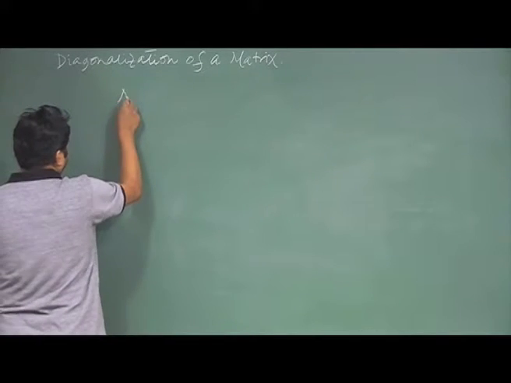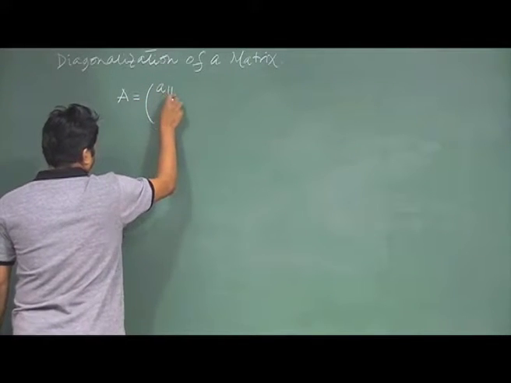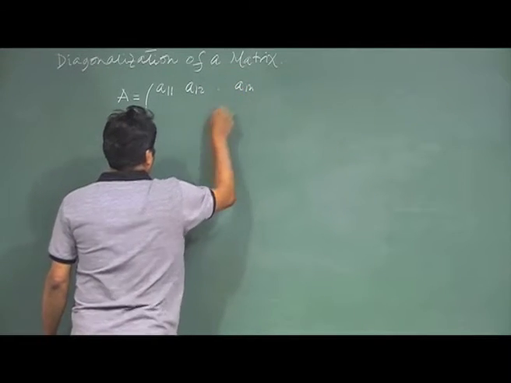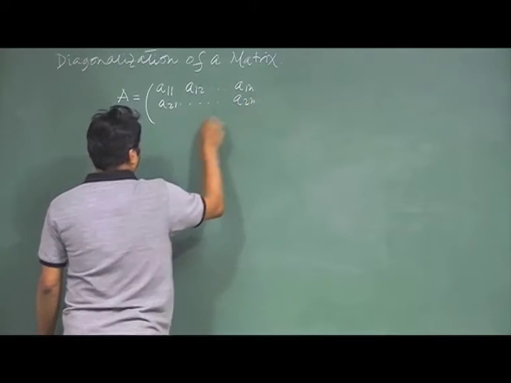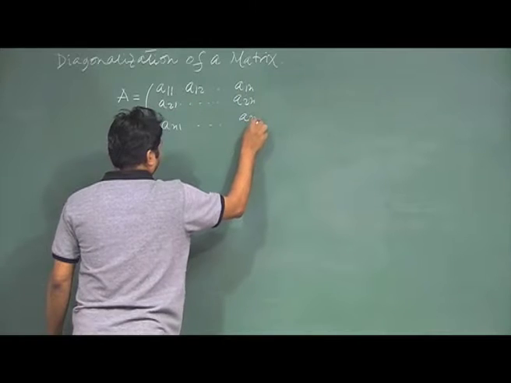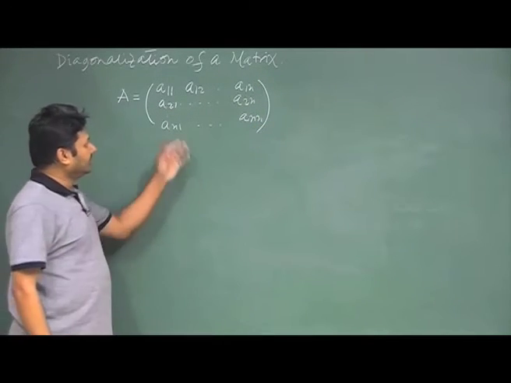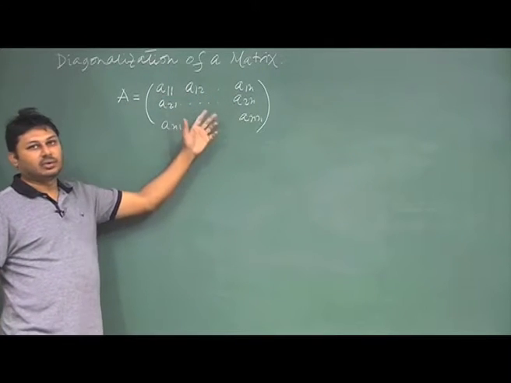A matrix is represented like this. These are the elements. This is not diagonalized because all the elements here are non-zero.